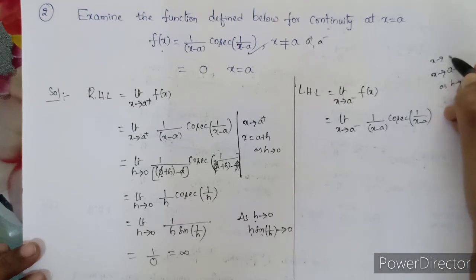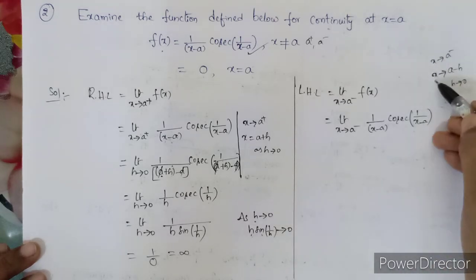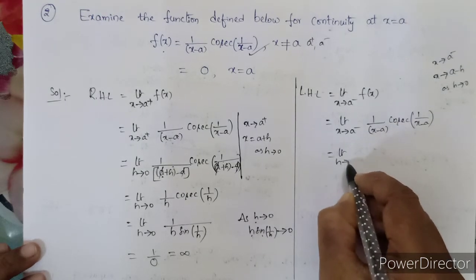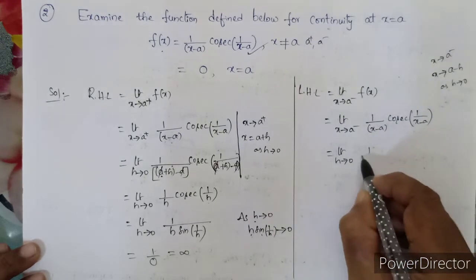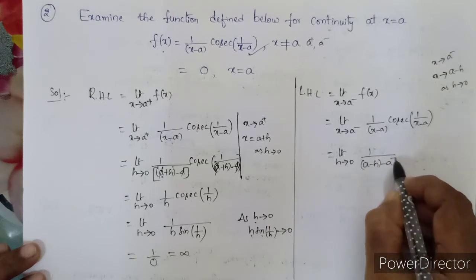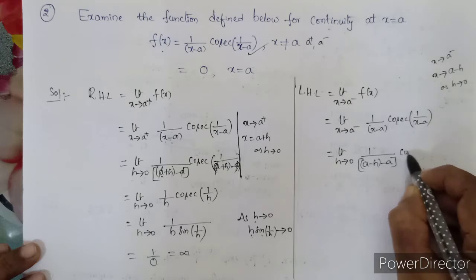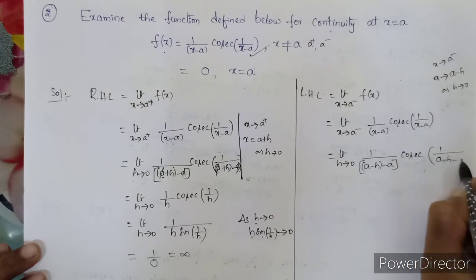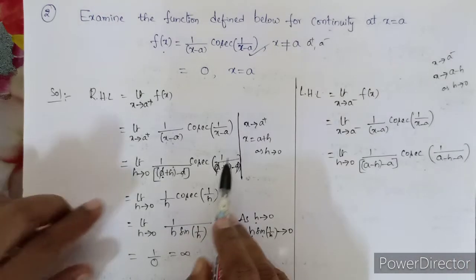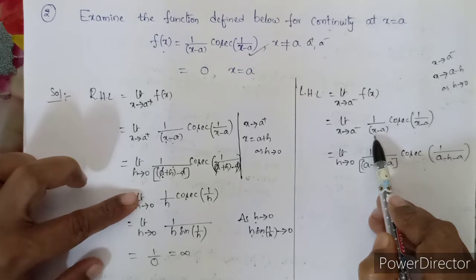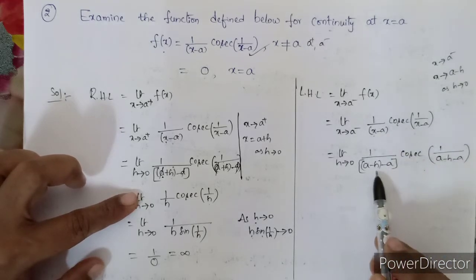Because here x is tending to a minus, we are replacing x by a minus h. Limit also changes. Limit h tends to 0, 1 by a minus h minus a, cosecant of 1 by a minus h minus a. Previously we have seen in place of x we are writing a plus h. Now we are writing in place of x, a minus h.